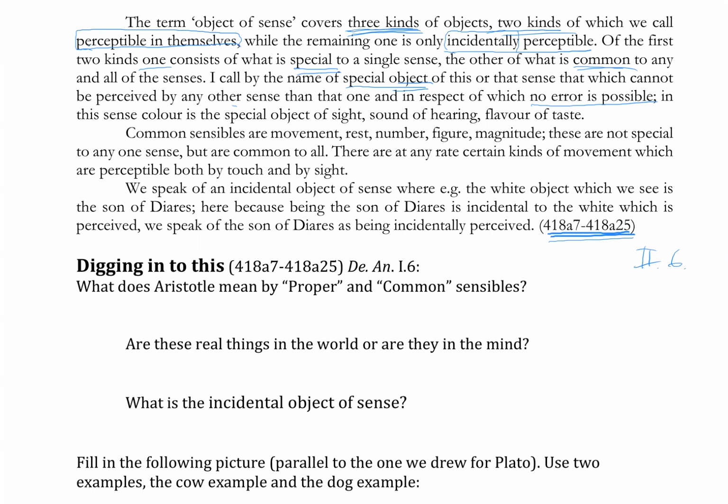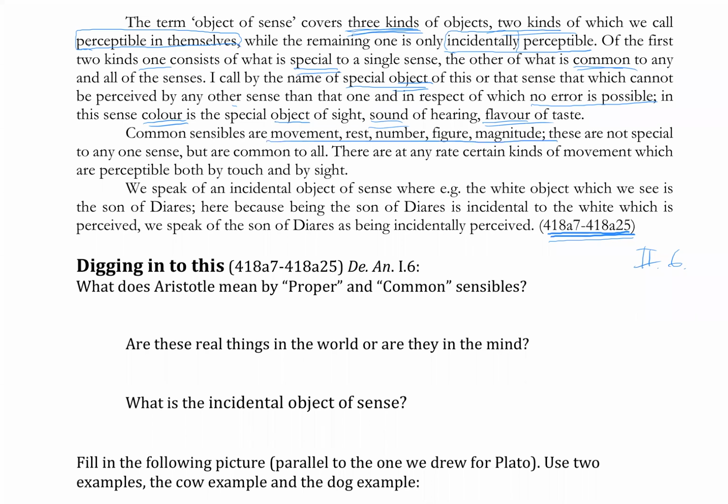In this sense, color is the special object of sight, sound of hearing, flavor of taste. Common sensibles are movement, rest, number, figure, and magnitude.